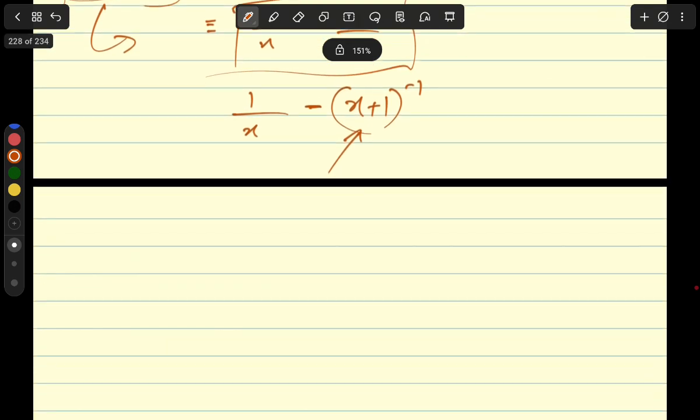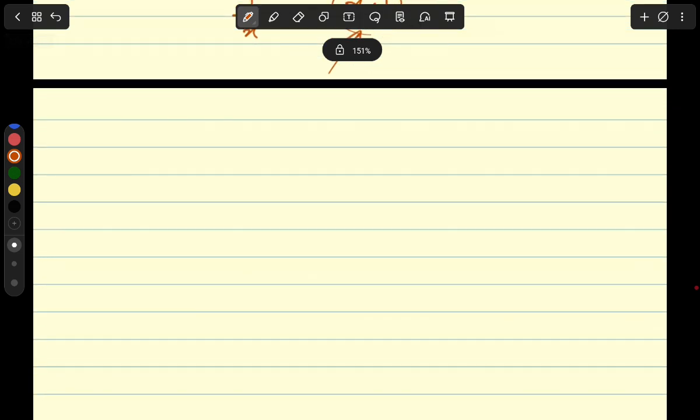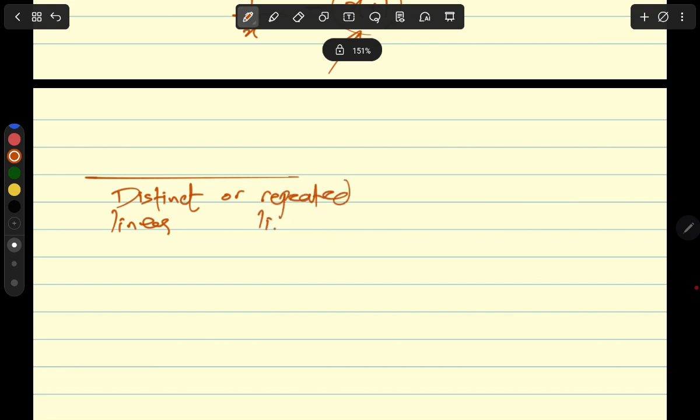So now in the exam, your first question, as soon as you see a question on partial fractions in the question paper, ask yourself if you can factorize the denominator, whether the factors are distinct linear, or repeated linear, or quadratic.